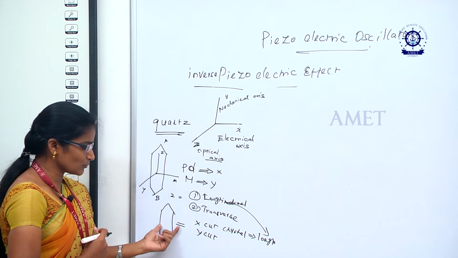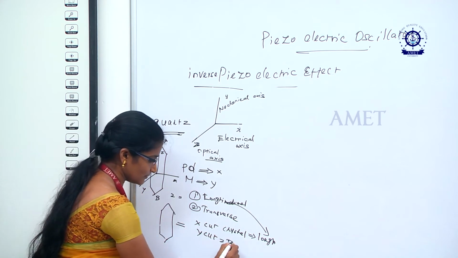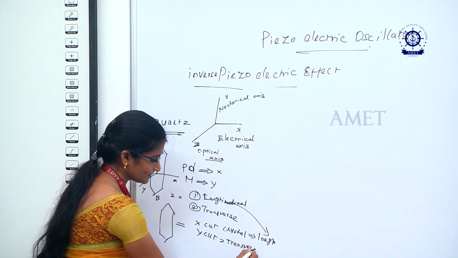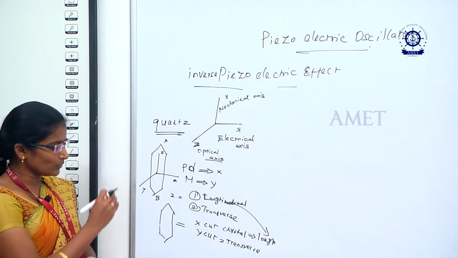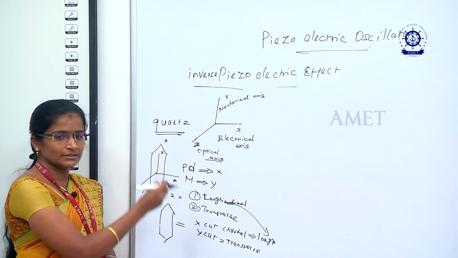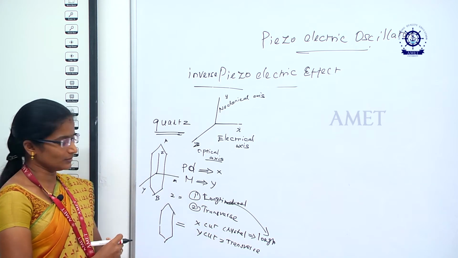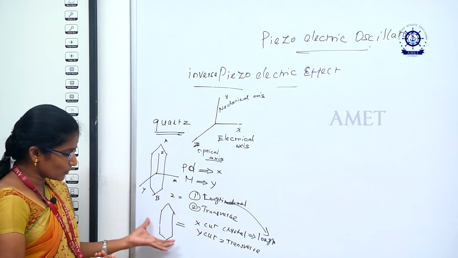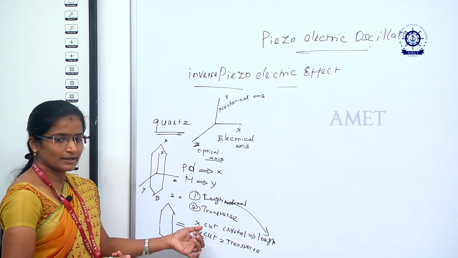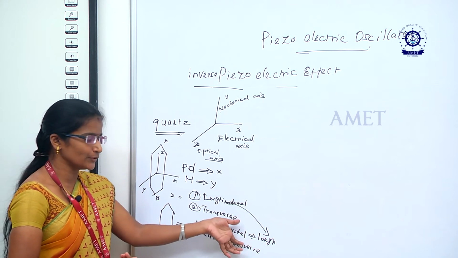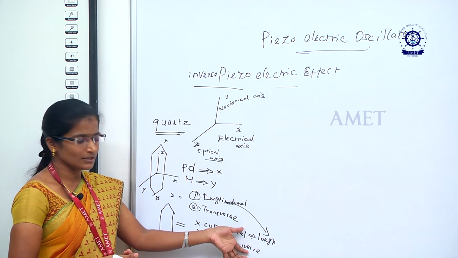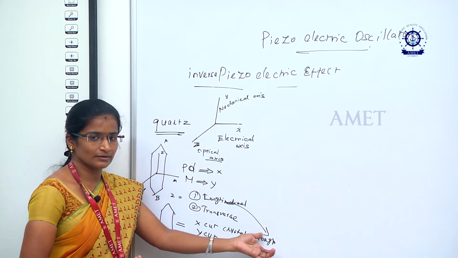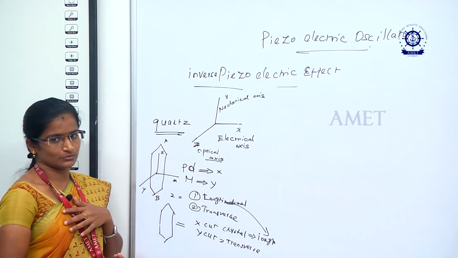In that case the quartz crystal produces transverse waves. I hope you know what transverse waves and longitudinal waves are. So based on the X cut and Y cut of the quartz crystal, we can produce two modes of ultrasonic waves: longitudinal and transverse.